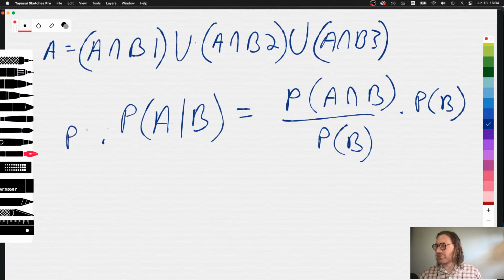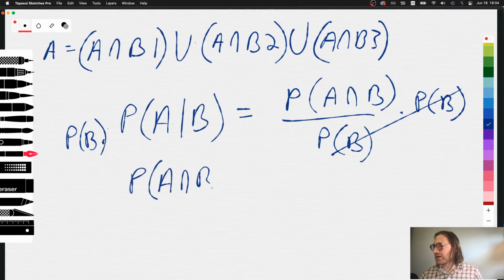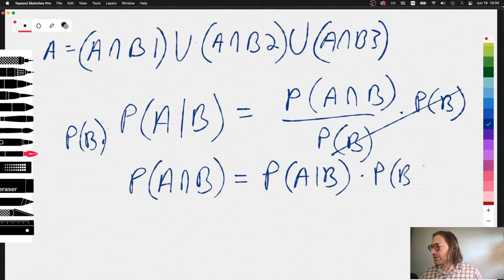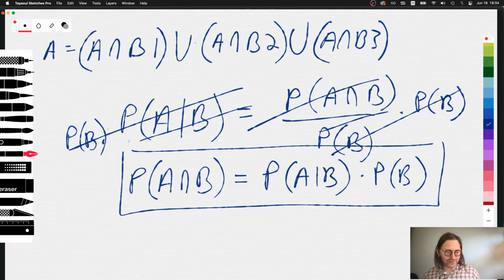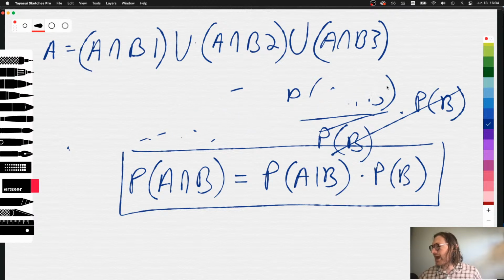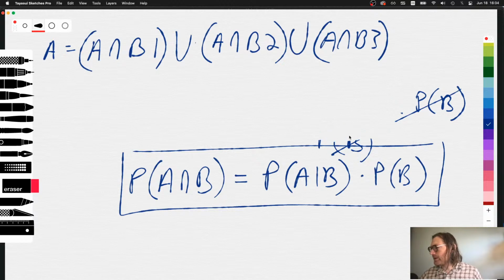Multiply both sides by probability of B. Yeah, I totally did. So what we get out of this is A intersect B is equivalent to the probability of A given B multiplied by the probability of B. This is the thing that allows us to move forward. Apologies for that.